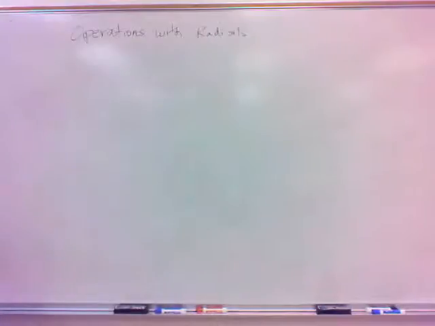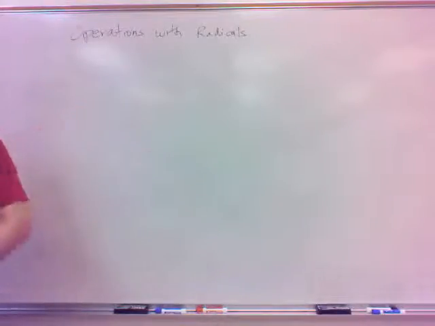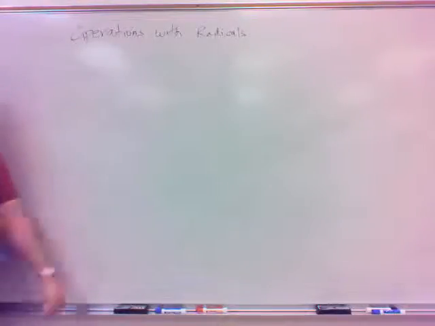But let's talk about our operations with radicals. We talked about polynomials. We multiplied them, we added them, we subtracted them. Well, we're going to do the same thing with radicals. We're going to add them, subtract them, and all that good sort of thing.